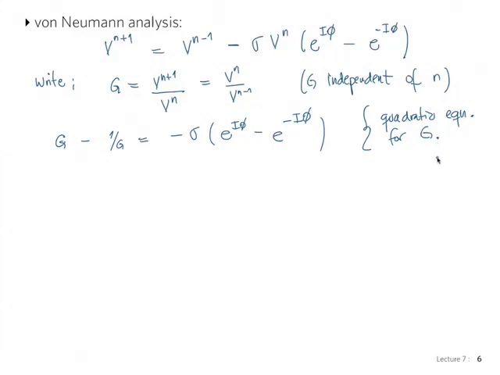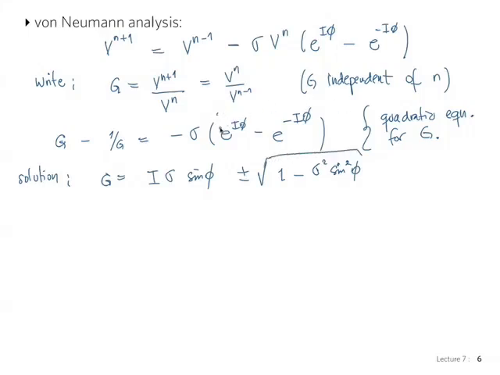I hope you remember your quadratic equation. I'm not going to write it all out, but the solution is G equals I, our imaginary number, sigma sine theta. We have to use our definitions of sine related to the exponentials, plus or minus the square root of 1 minus sigma squared sine squared of phi.